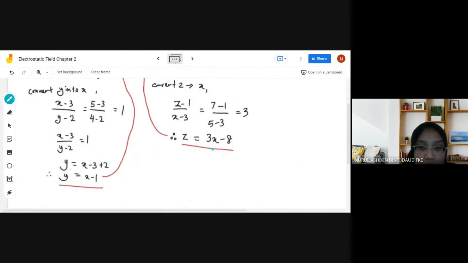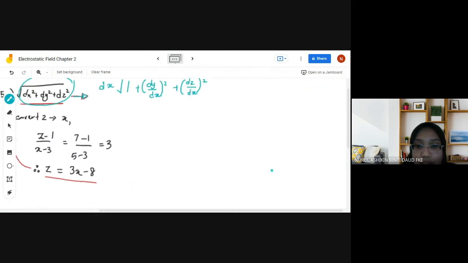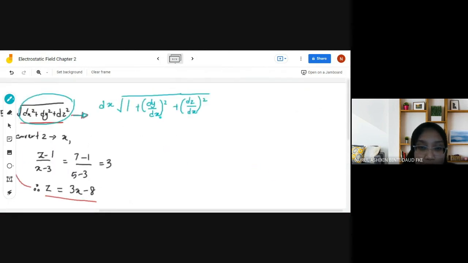Since we have the y equation and the z equation, we can find the derivative dy over dx. Dy over dx, from y equals x minus 1 that we found earlier, will be 1.